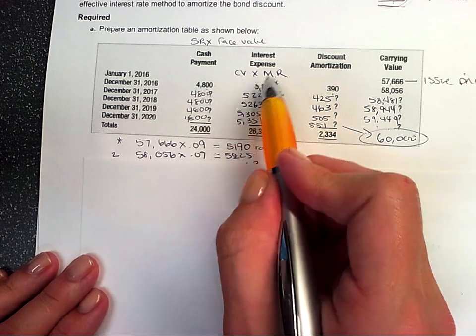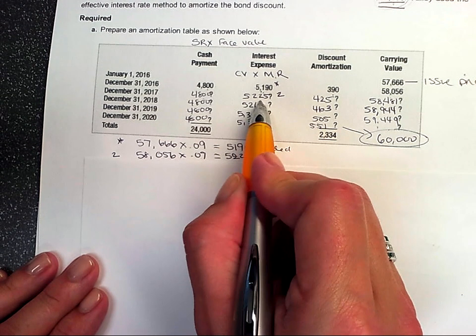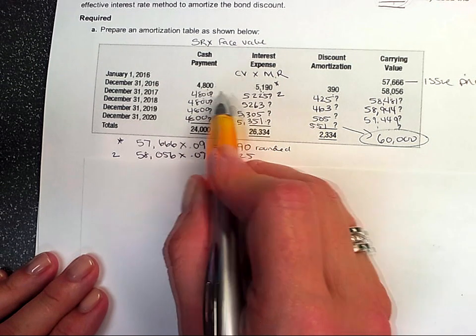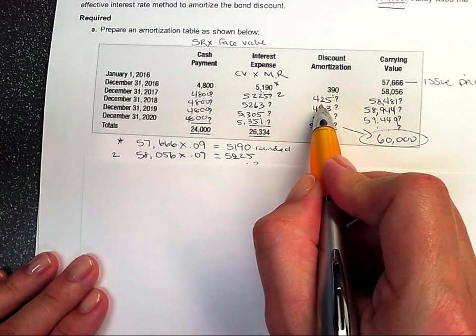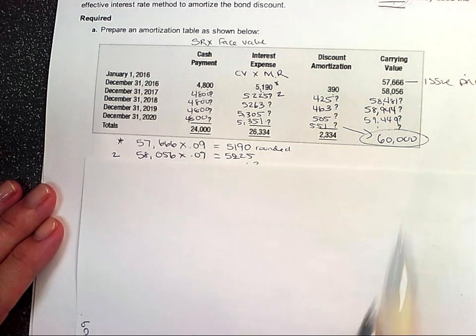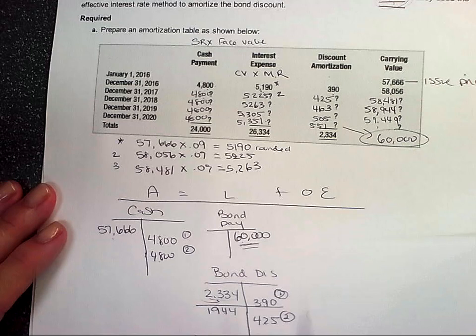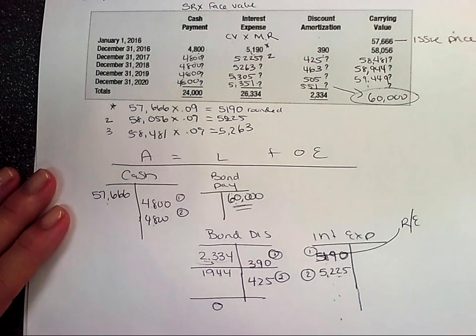Multiplied again by the market rate, carrying value by market rate, equals $5,225. The difference between these two is the $425, which is your bond discount that's being amortized or taken into interest expense. So again, we look at our T accounts.